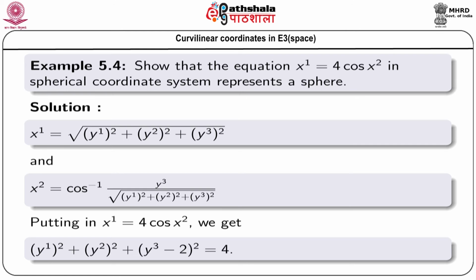Its equation is this one, and it is a sphere with center (0, 0, 2) and radius 2. So, when a sphere is represented in Cartesian coordinate system with this equation, it can be represented in spherical coordinate system with the above equation x1 equal to 4 cos x2.